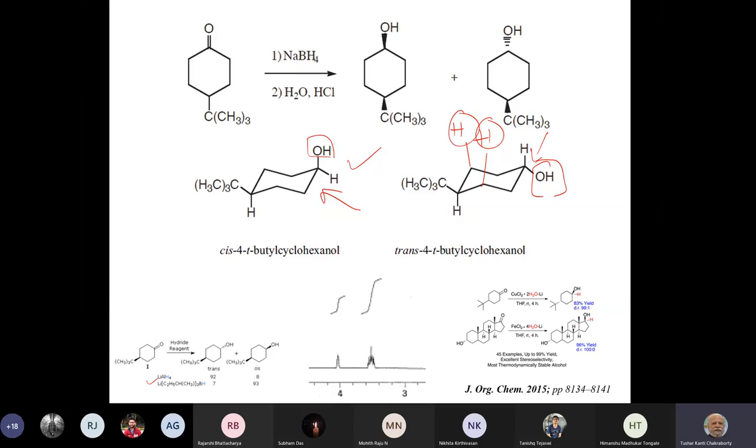So all these things are because of the conformation, which plays a very important role in reactivity and substituent orientation in these molecules.